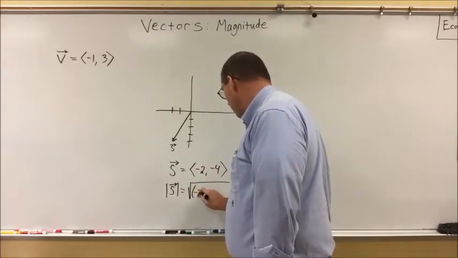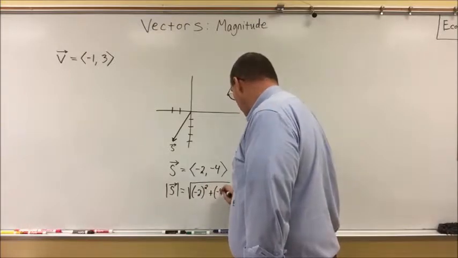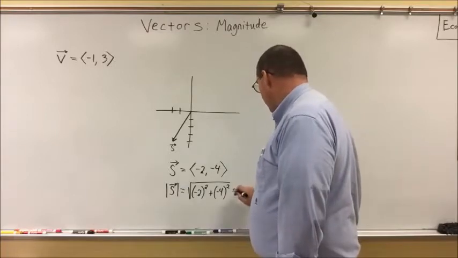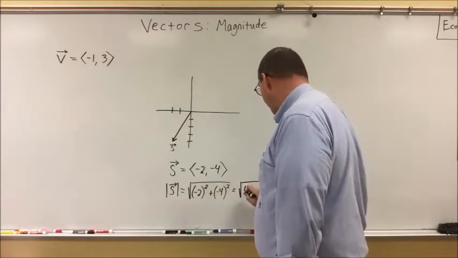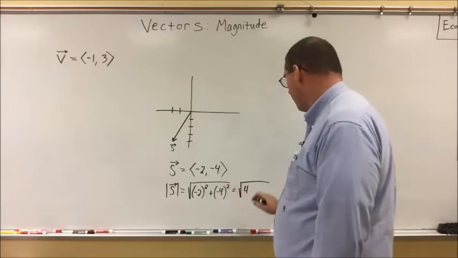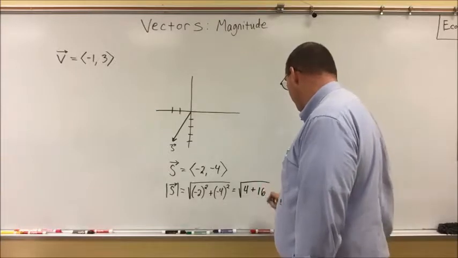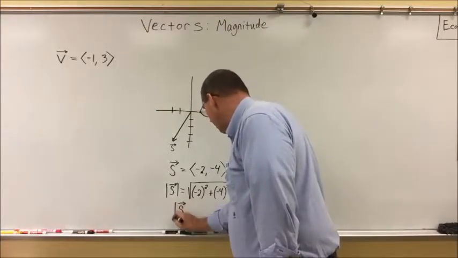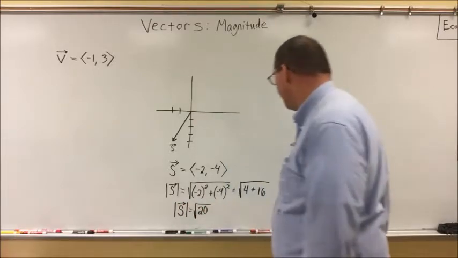So parenthesis -2, then we'll square, plus parenthesis -4, and then we'll square. And so this is going to be the square root of -2 times -2, that's 4, and -4 times -4, that's 16. So that's going to be 4 plus 16. So the magnitude of vector S is going to be the square root of 20.